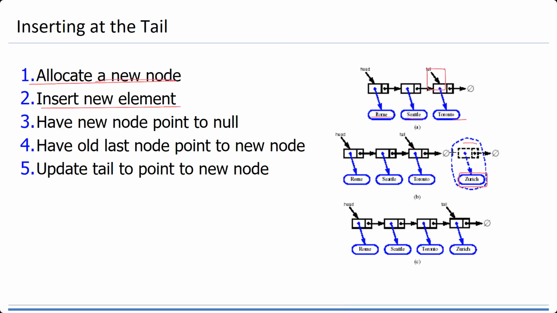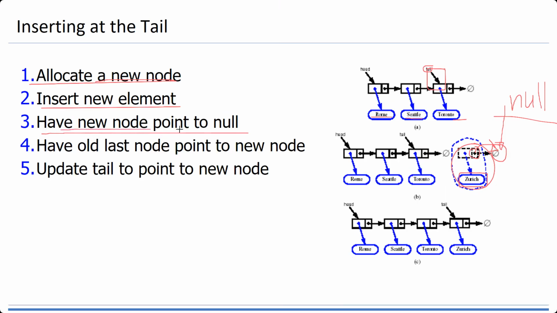So I'm going to insert at the end of this list, having the new node point to null. So I need to put this symbol. This symbol means null. Null means nothing. Because this is the last, or because this is the tail, the link will be to empty. So an empty node.